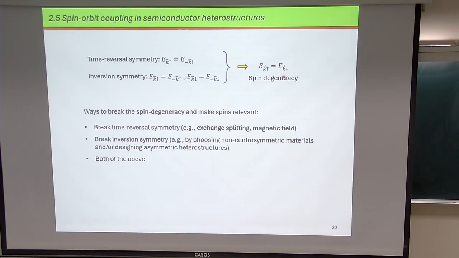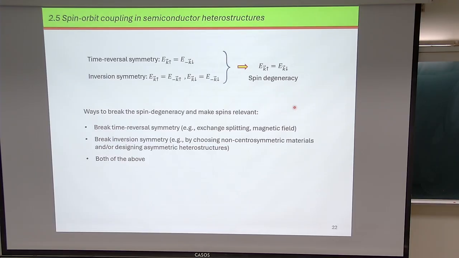So if you want to break this spin degeneracy, you have to break these two conditions. One way is to break time reversal symmetry, which you can do, let's say, by applying a magnetic field. The other, which is more subtle, is to break the inversion symmetry. If you break the inversion symmetry, then the spin degeneracy is also broken. We can break the inversion symmetry by using the appropriate material. We discussed at the beginning this thin plane crystal, which doesn't have inversion symmetry.